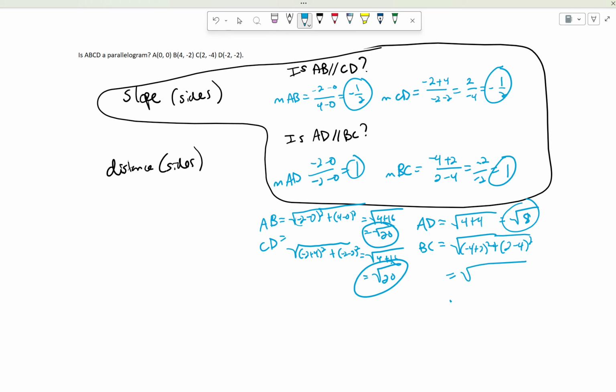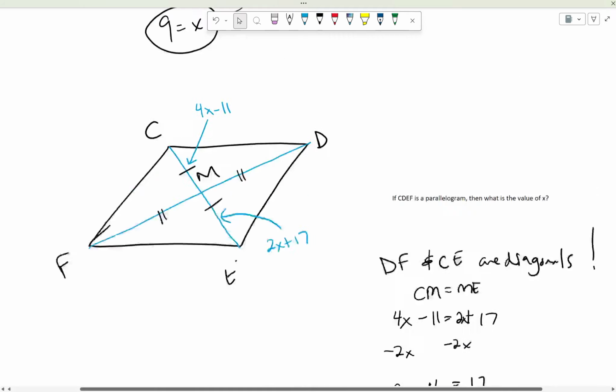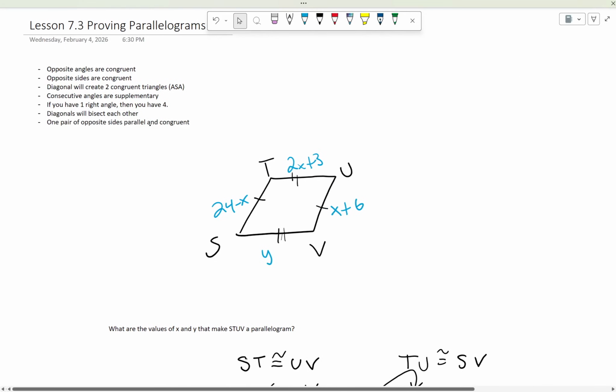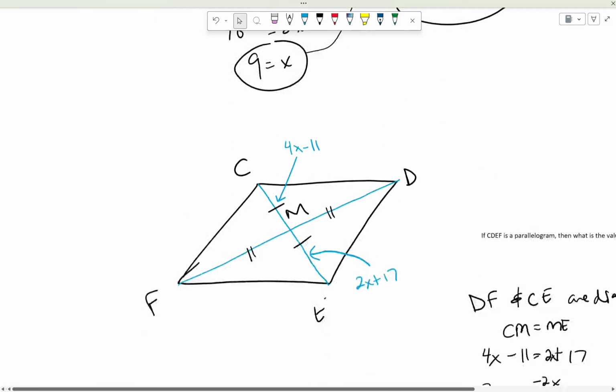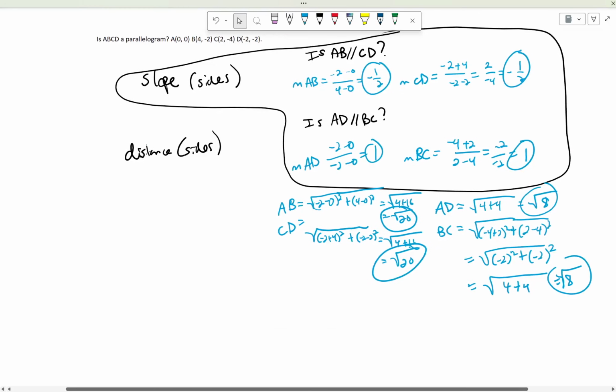Which is going to be -4 plus 2 is -2 squared, plus -2 squared, which is going to be rad 4 plus 4, which is rad 8. Now, I was really messy about this, and all this checks out for the sides. I was messy about this on purpose. We just proved this with the opposite sides congruent. Do we have to? We don't need to do that. We've made our point. As soon as one of these is checked off, it fulfills the theorem, and we're set.